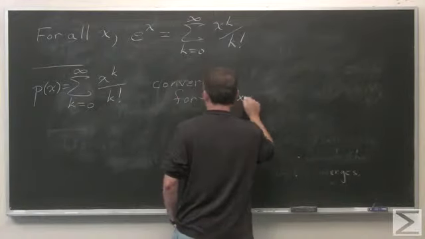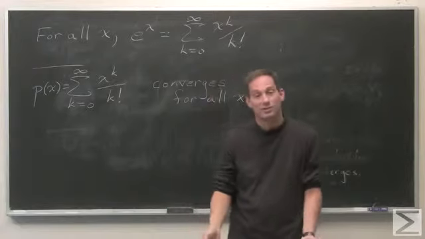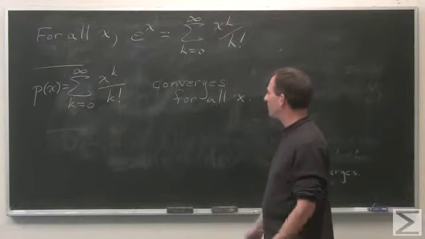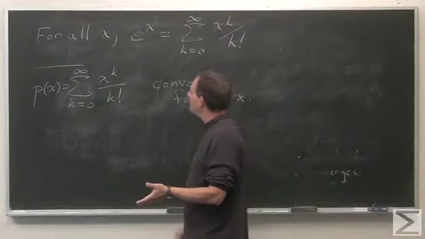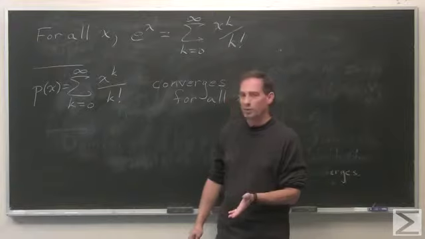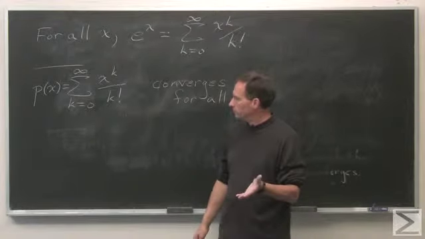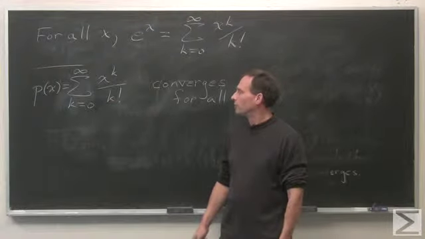Now it's true that we know some function that it converges to. It converges to e to the x. This function has a name, but my point now is that, here's some power series, and pretending that you don't know that it equals e to the x, it's still true that this function that this defines converges for all x.